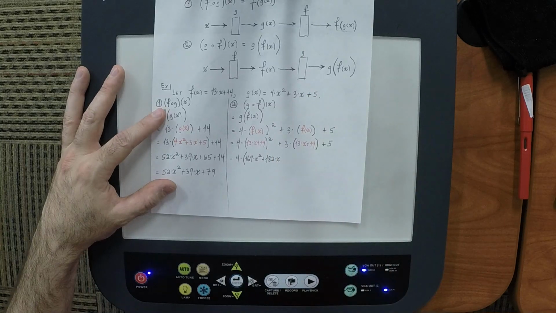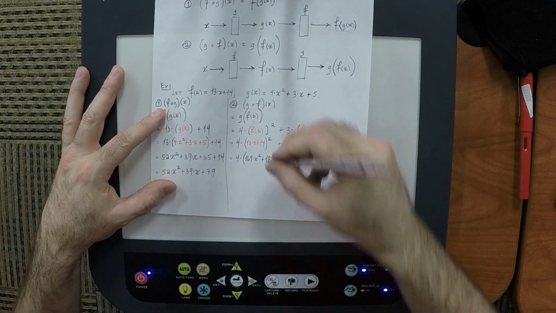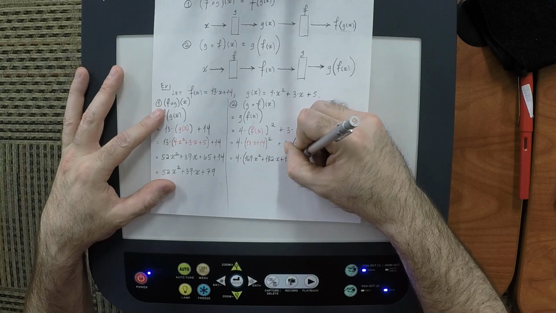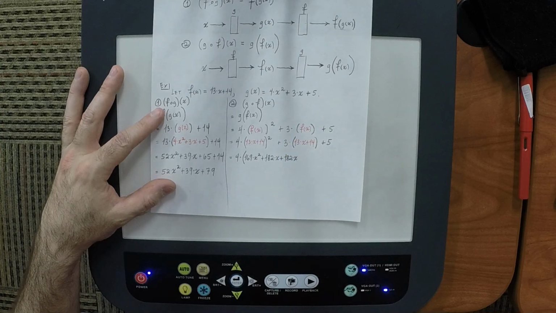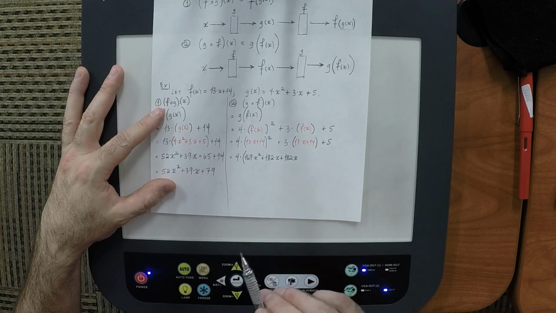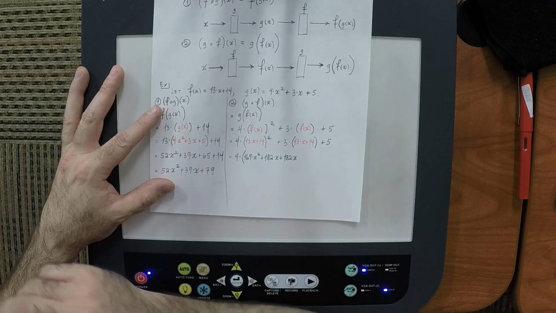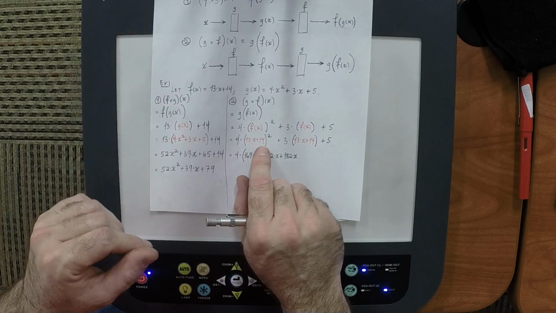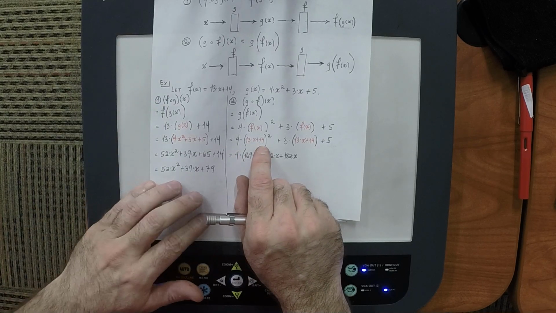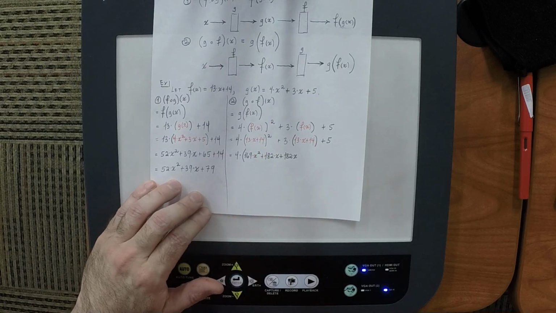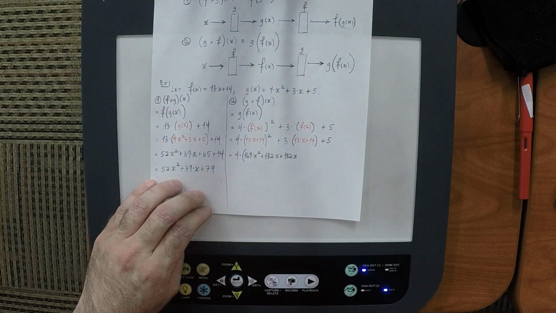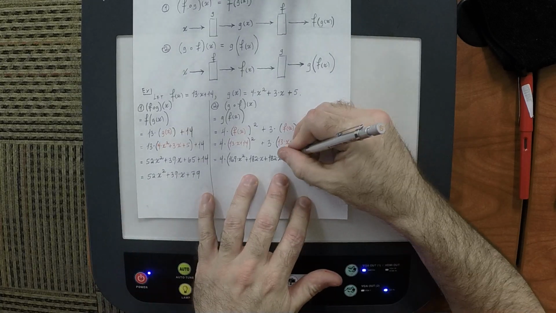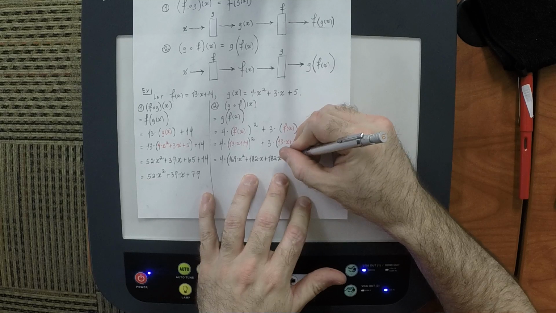For the I term, another 182. Because remember, in FOIL, there are 4 terms: F, O, I, and L. It has to be 2, right? Because the product of 13 and 14 has to be even. I know that 13 squared is 169, and then if you add another 13, that's 182. Then 14 squared, that's 196.